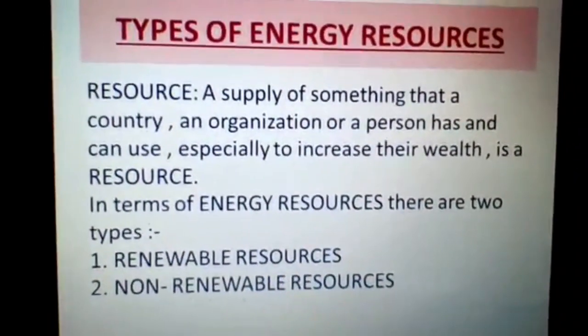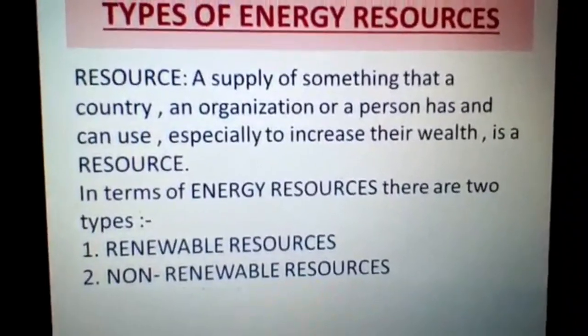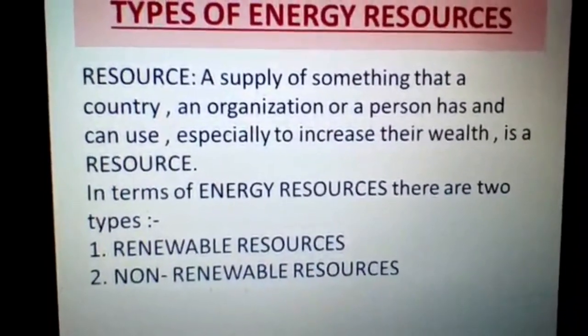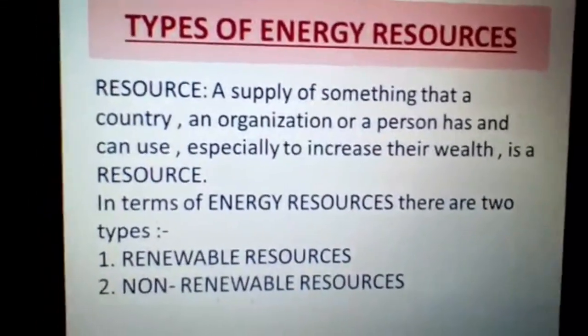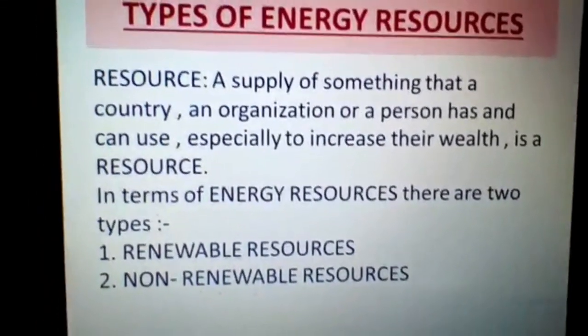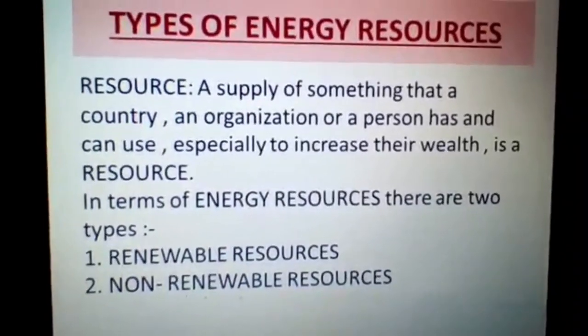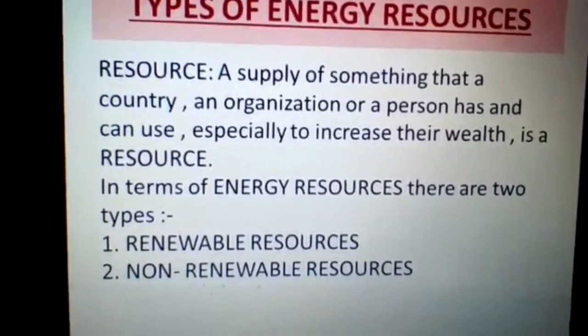The third term which needs to be explained in the title itself is the term resource. So here we have the definition of the resource: a supply of something that a country, an organization, or a person has, and they can use, especially to increase their wealth, is termed as a resource.